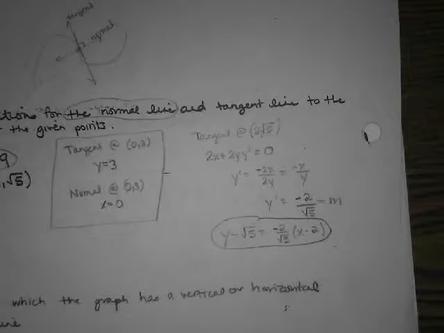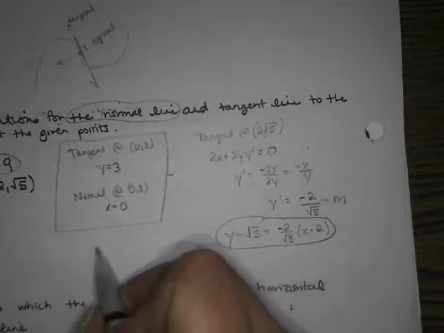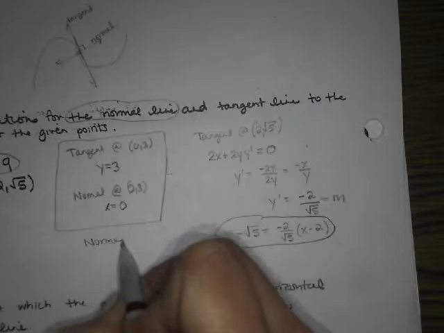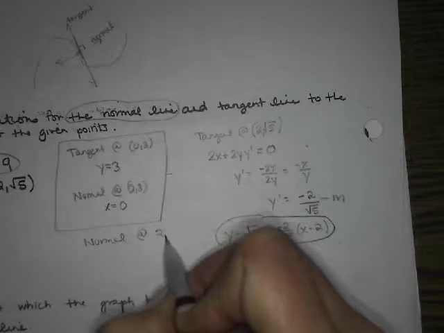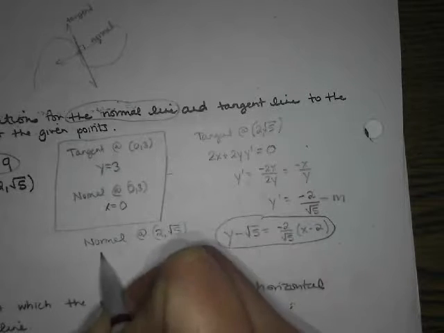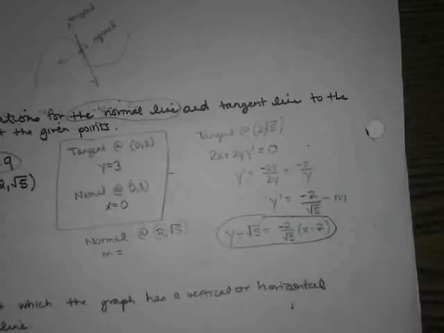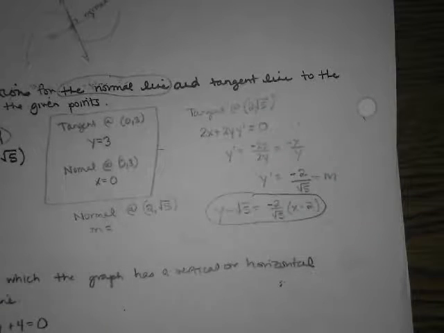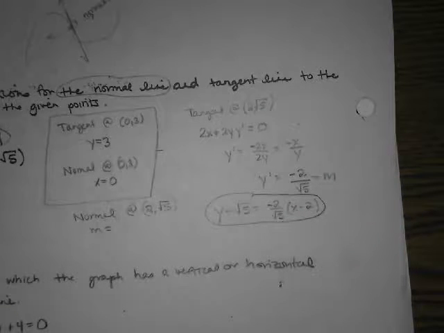When it comes time to do our normal at 2 root 5, the only thing that's going to switch, and we've done the majority of the work, is what slope are we now going to use? Radical 5 over 2, because of the perpendicular slope concept, opposite reciprocal.